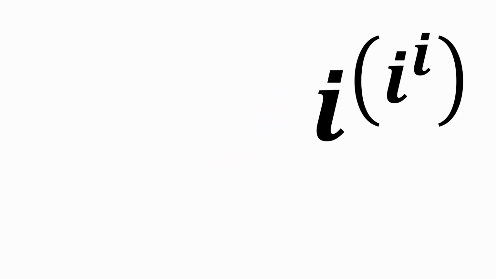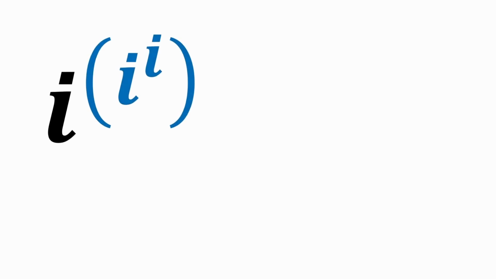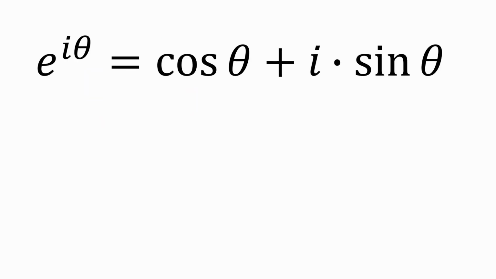Now let's work on the one on the right. This one is going to be a bit more difficult. Let's focus on the expression in parentheses. What exactly is i to the i? We need Euler's formula to help us out. This amazing formula is the gateway to higher mathematics, including complex analysis.